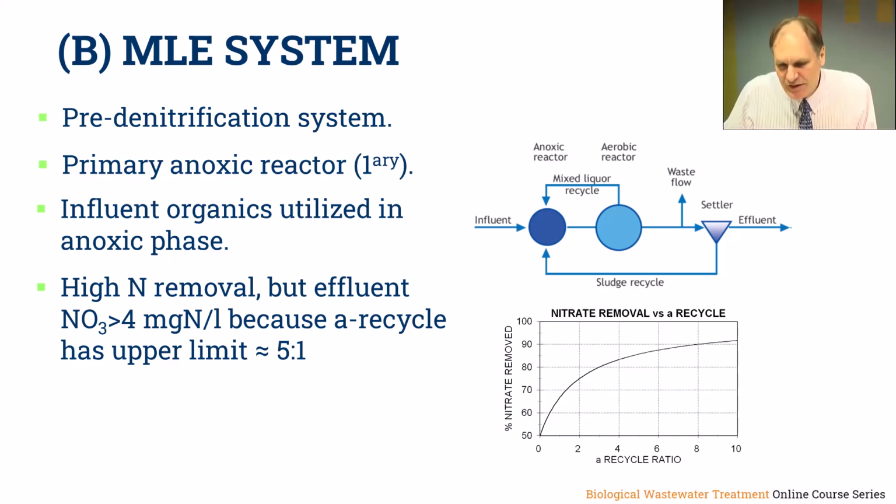And you can see that if the A recycle ratio increases from, let's say, 6 times the influent flow to 8 times the influent flow, and this anoxic reactor denitrified all the nitrate returned to it, I improve my nitrogen removal only from about 87% to 90%. So I gain very little additional nitrogen removal for a very large increase in pumping flow cost.